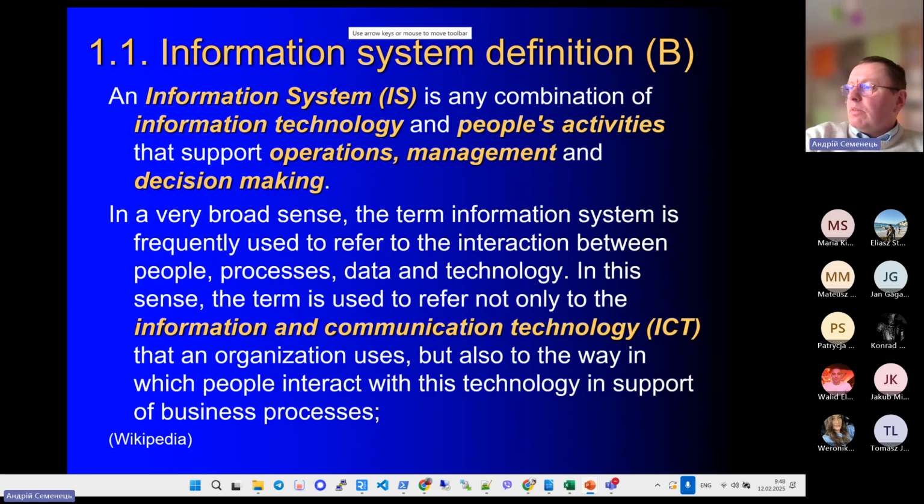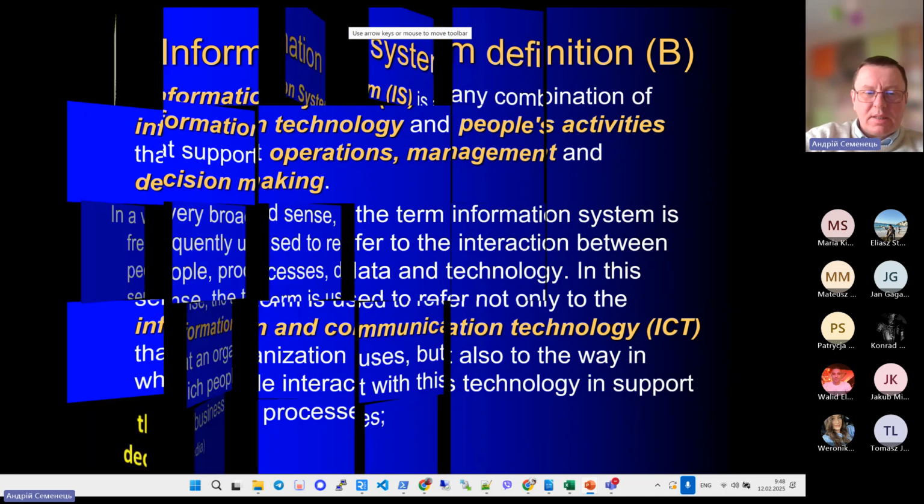So when we talk about an information system, we can distinguish some technical solution from those staff or customers who are involved in activities related to that system. So every time we have people as a component of our system.